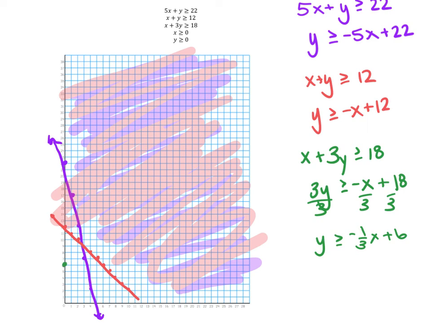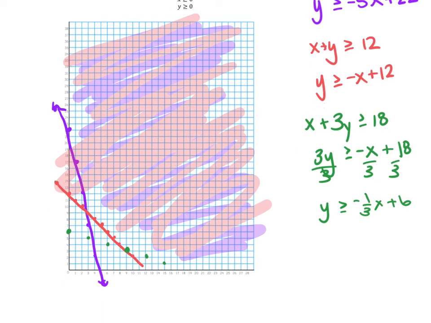So down 1 over 3, down 1 over 3. There goes another corner. And so here goes another line that I've created.